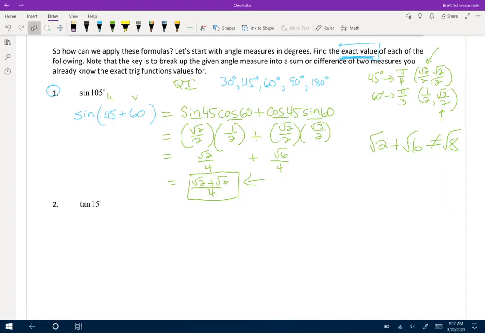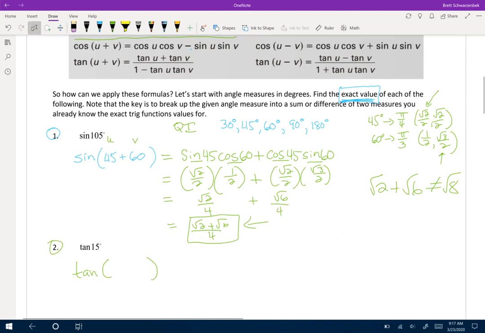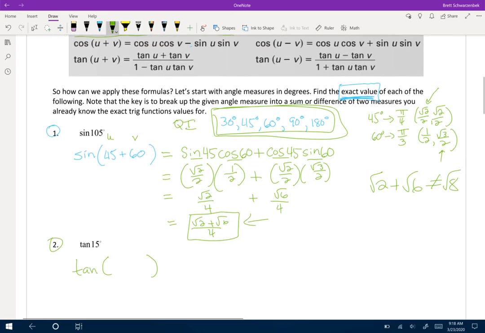Okay, so number 2, a little bit different. This time we're looking at the tangent of 15. So if we could make this 15-degree angle equal to the sum or difference of two angles that we know, then we would be set to use one of the formulas above. So notice these are tangent formulas. Usually, if I'm in class, students will pick a couple different pairs.